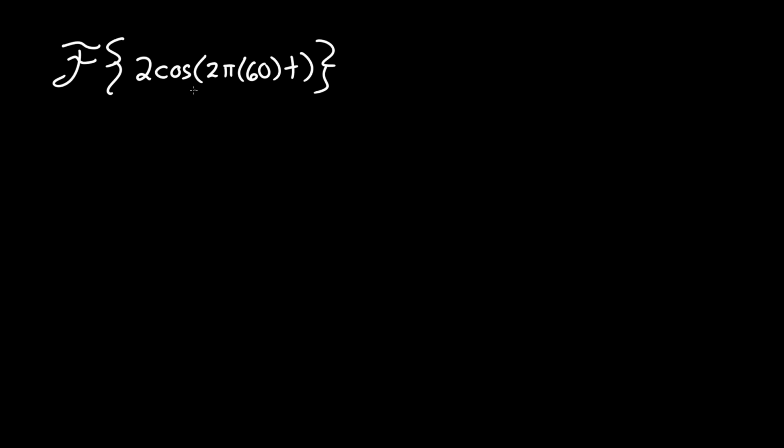So we're going to find the Fourier transform of 2 times cosine of 2π60t, where 60 is simply the fundamental frequency of the periodic signal.